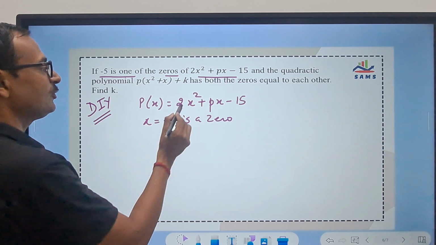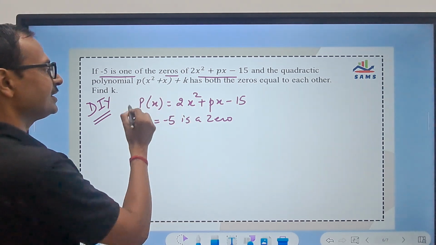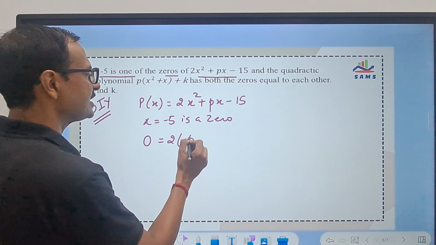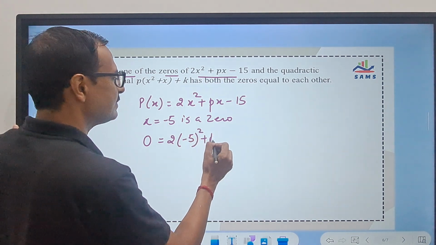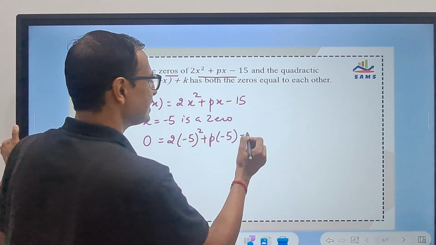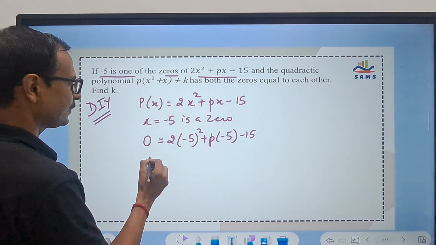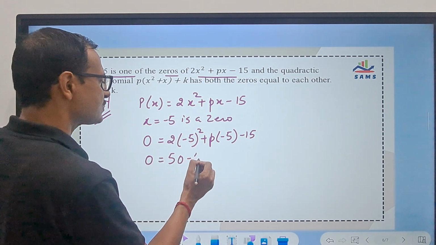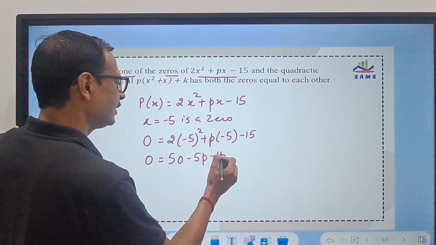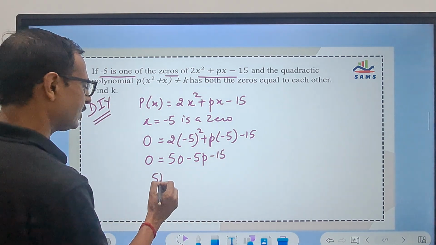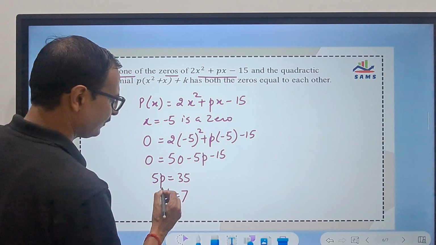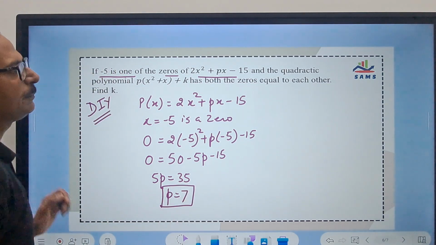So that means if you put x equal to minus 5, this becomes 0. So 0 equals 2 times (minus 5) squared plus p times minus 5 minus 15, and so 0 equals, this is 25 2s are 50, minus 5p minus 15. So 5p equals 50 minus 15, 35, so p is 7. Now I got the value of p.